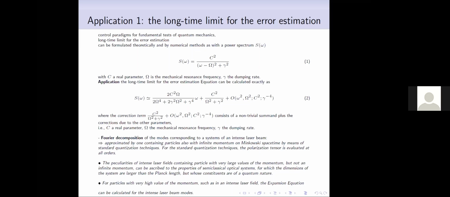And it's also possible to look for the Fourier decomposition with the proper measure, for which it's possible to compare the semi-classical states with those for the optical system, and also to look at what happens to systems which extend over the Planck length.